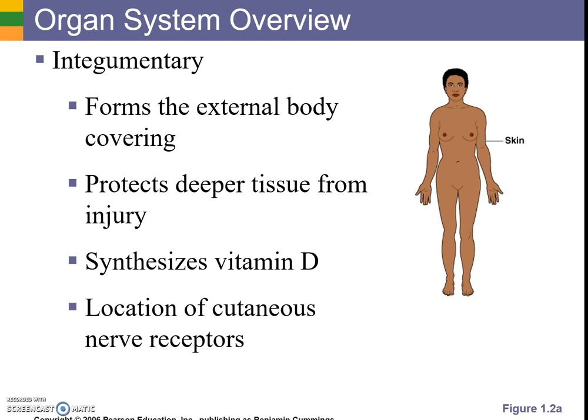And it also helps us make vitamin D, and we'll talk about what vitamins do for us a little bit later when we talk about enzymes and some of the chemicals in the body. So it does protect us, and it actually makes you beautiful.